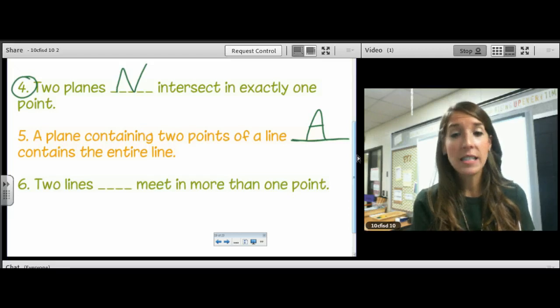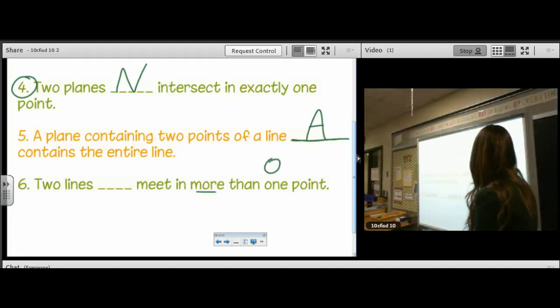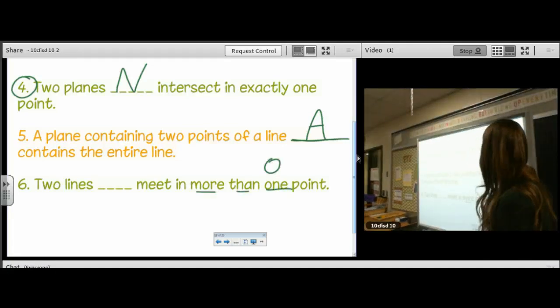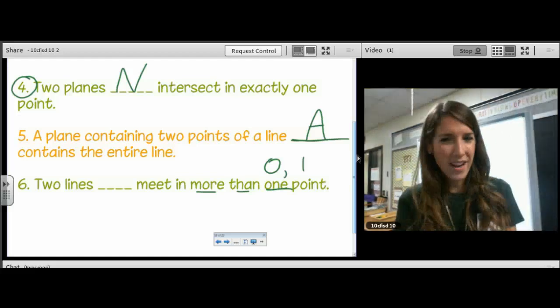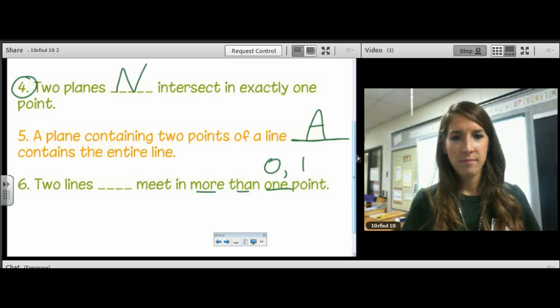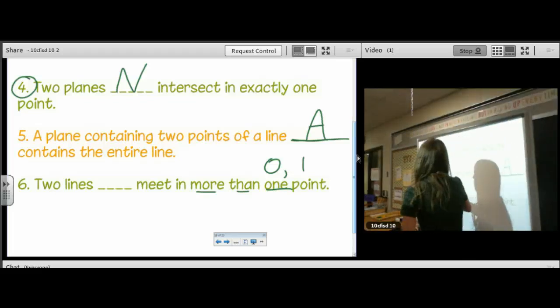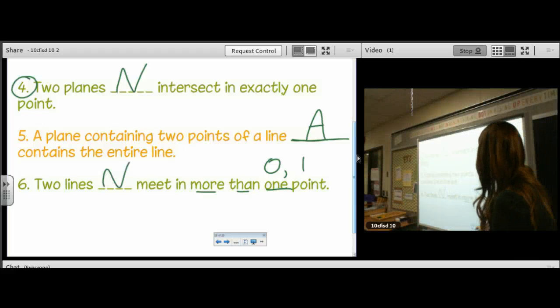So parallel lines meet in 0 points, you're right, but is 0 more than 1? No. So they can meet in 0 points, they can meet in 1 point. Do we have any other choices? They can meet 0 times or 1 time. Never meet in more than 1 point.